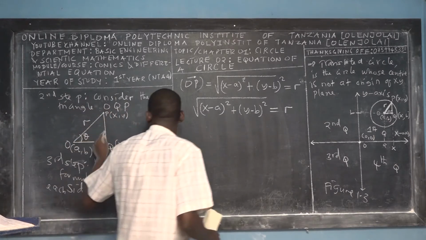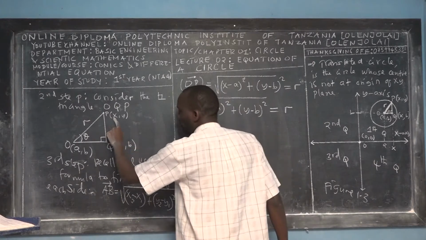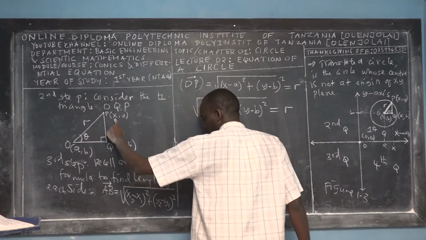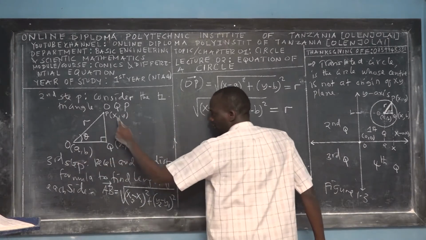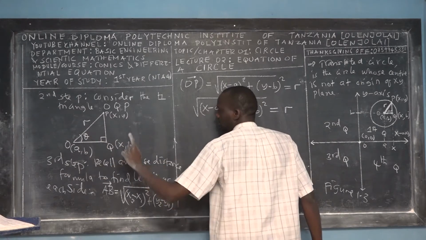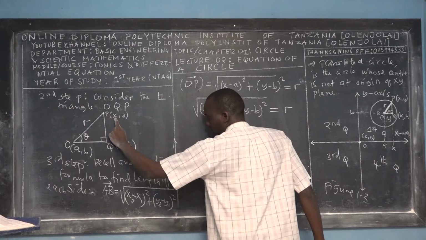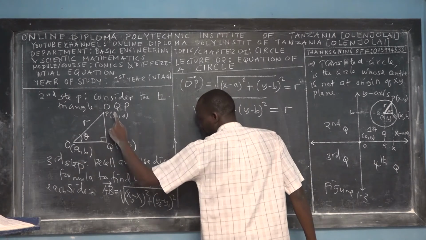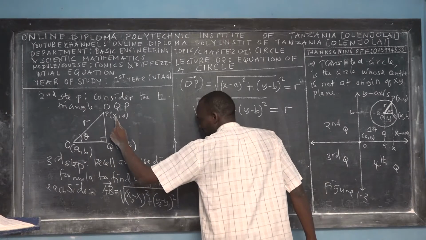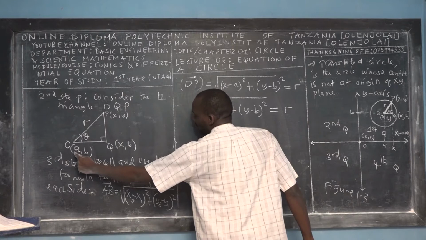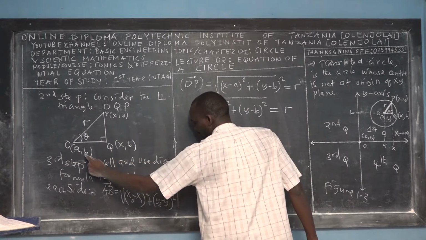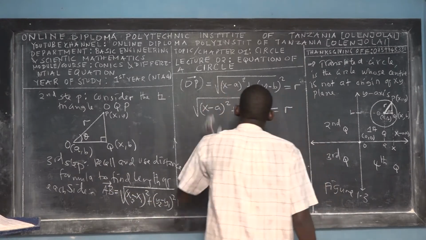So for this case, x corresponds to x2, a corresponds to x1, y corresponds to y2, and b corresponds to y1, according to this formula. So that's what we've done again.